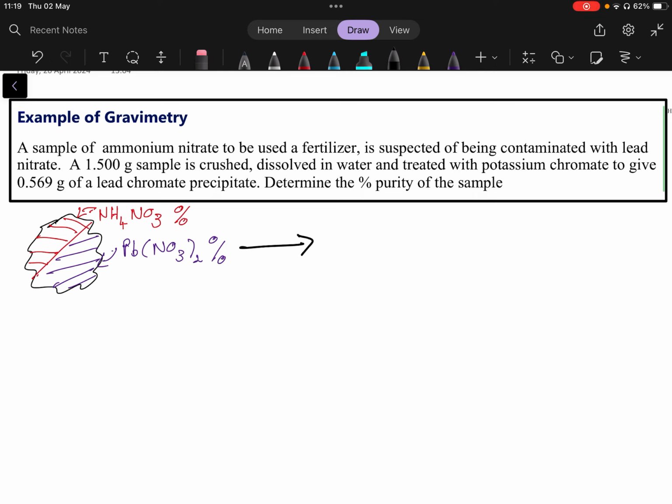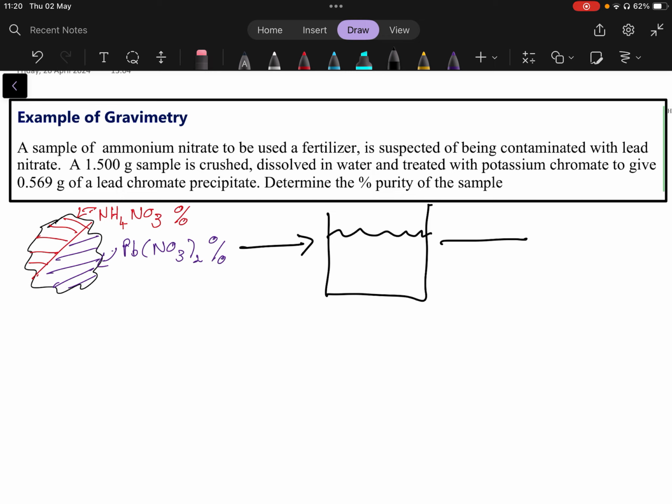So we then say, all right, we put that into a beaker of water, and what do we have then? Well, we have the ammonium nitrate and we have the lead nitrate. They will separate. Salts of nitrate are soluble, so we have all our species in here.